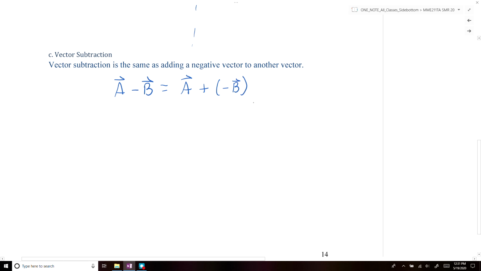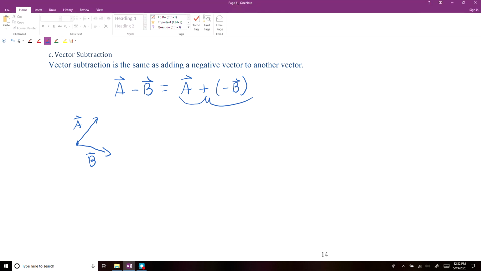Okay, so if we have two vectors, vectors A and B, drawn at the same point like we did before, to do this operation here, we'll use the tip to tail method.